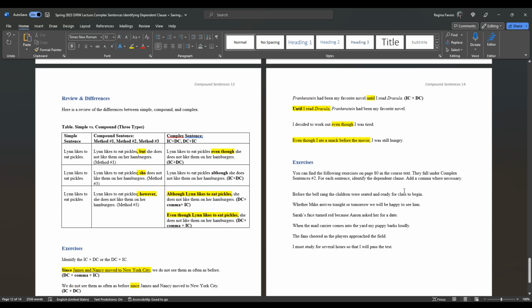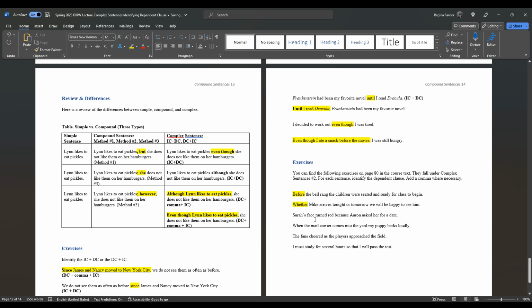Now you can find the following exercises on page 80 in the course text. They fall under complex sentences number 2. For each sentence, just identify the dependent clause and add a comma where necessary. Going through the sentences for a minute: "whether" is a dependent word.